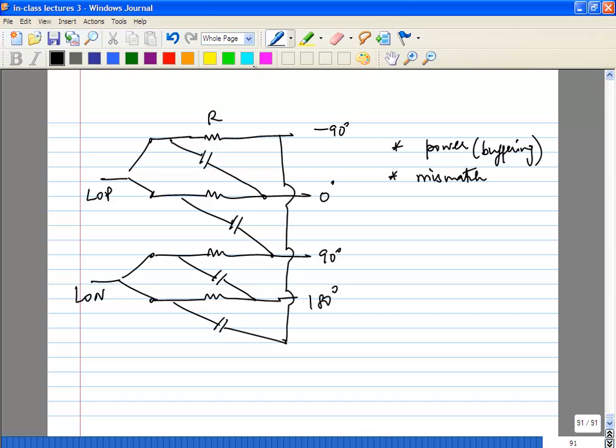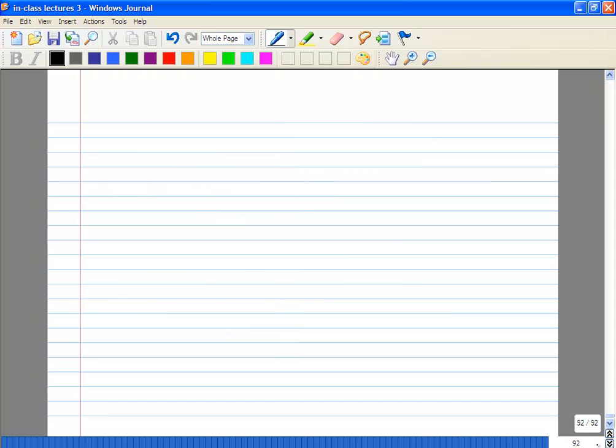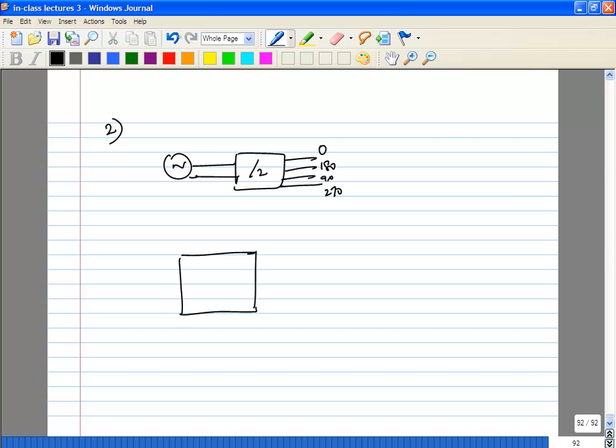What is the other way of quadrature generation? You can have a frequency divider. That automatically gives you 270. So you just take 2 D flip-flops.